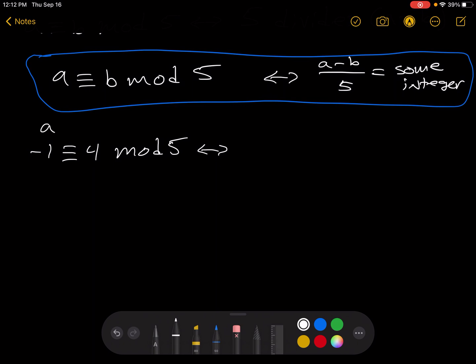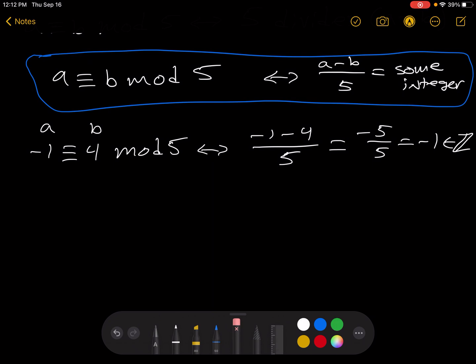So this is like our A, that's like our B. If negative 1 is congruent to 4 mod 5, then negative 1 minus 4 over 5 is equal to some integer. And in fact, that's true. That makes negative 5 over 5, which is negative 1, which is an integer. So negative 1 is congruent to 4 mod 5.